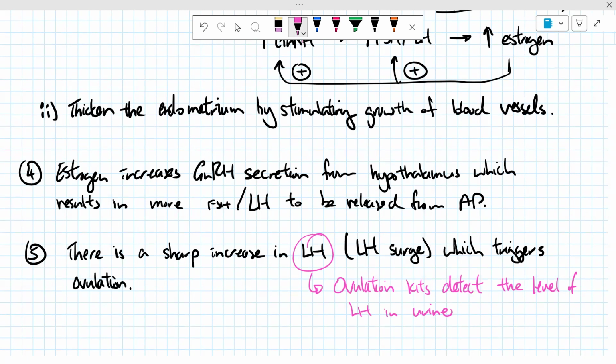How an ovulation kit works is basically you pee on the device when you suspect ovulation is coming. It's like an antibody test. It detects the level of LH in your urine sample, and then you do it on the next day, and then on the next day. So it compares with the previous days, and if there's a sudden, drastic increase, then you know today or tomorrow is ovulation. So that's useful information for pregnancy planning.